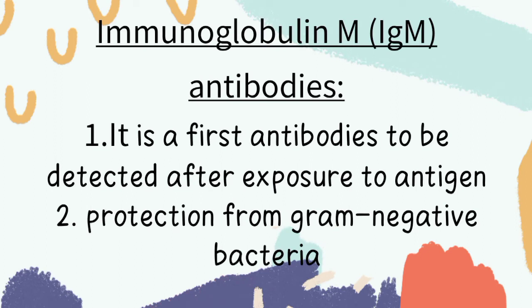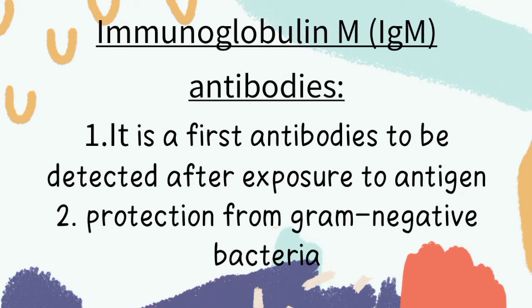So let us take the antibodies one by one. The first thing we have here is the immunoglobulin M antibody. It is the first antibody to be detected after exposure to antigen. What that line means is that, take for instance, your body is being attacked by a particular dangerous antigen. We have five types of immunoglobulin, that is 5 types of antibodies.